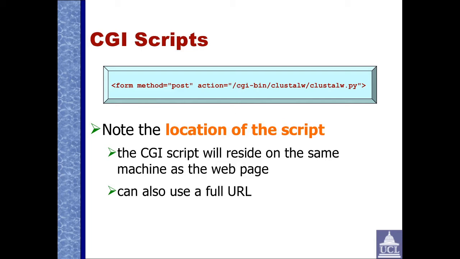Often these scripts live in a special directory called CGI bin or something like that, but they don't have to. Things can be set up such that the CGI scripts live in the same directories as the HTML web pages. And for creating pages and CGI scripts at Birkbeck, there will be a set of special instructions as to where these live.